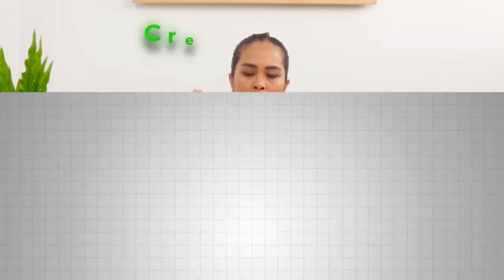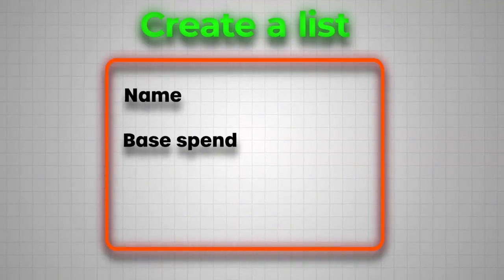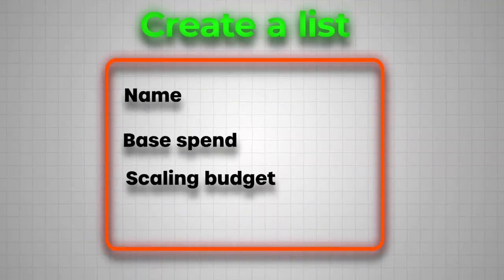And how you will use this is open a Google Sheet, name it Cash Responsive Campaign Planner, and create a list where you'll see the campaign name, base spend, scaling budget, and trigger to scale. Example, more than 12 weeks inventory coverage plus 60% or more gross margin.